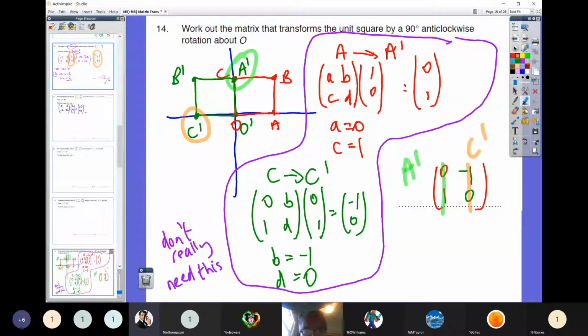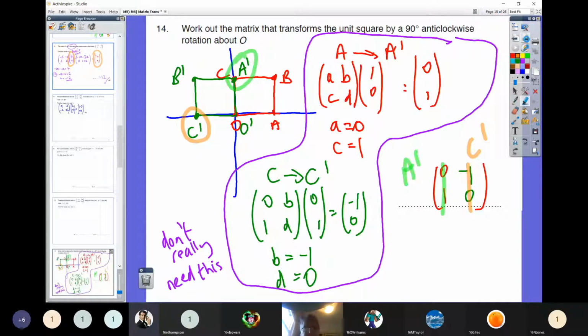The first column is the coordinate of A dash, which is 0, 1. And the second column of the final answer is where C dash moves to, which is -1, 0. So all that work I've done in the middle, proving the matrix, you can just do the shortcut way. As I said, be comfortable with both ways, but make sure you can do the shortcut way.